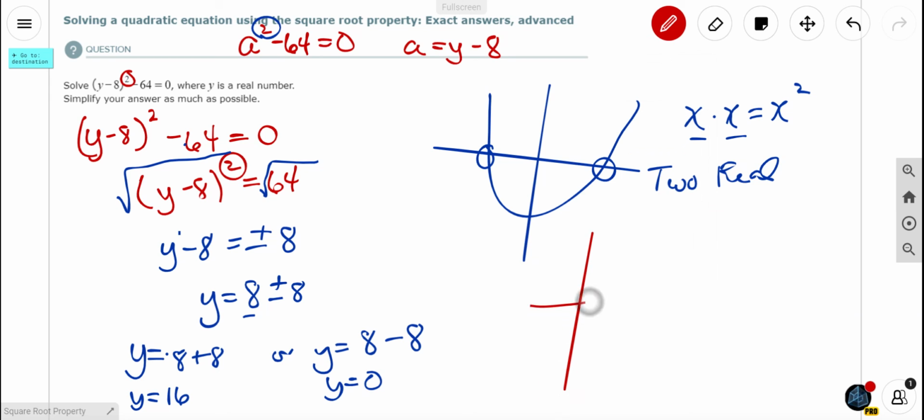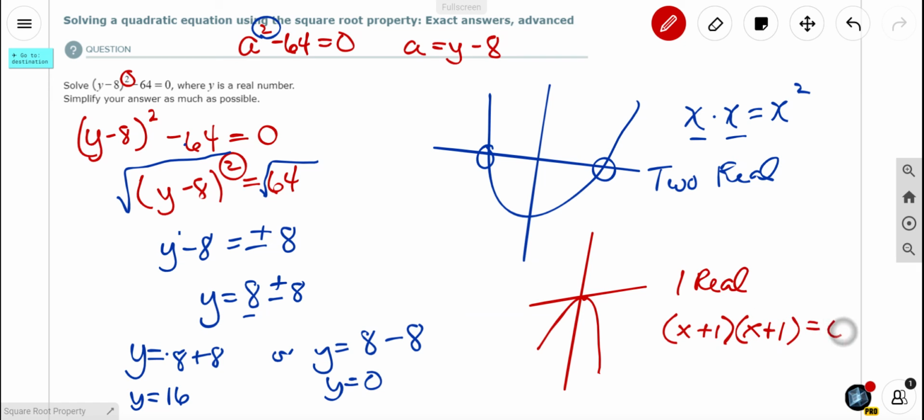Okay. In the case of where it just touches the x-axis, sorry that this is crooked. I need to change my board shape. Here, we're doing like a skewed version of reality. Okay, in the case where it just touches at one point, that is 1 real. But it repeats itself twice. This is the case where you have like x minus 1 times x minus 1 equals 0.